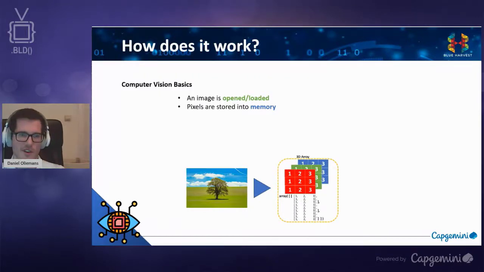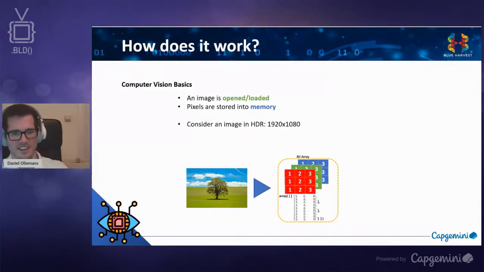So we may have, in this case, a very small 3x3 image, where every pixel index in that array has a red, green, and blue value. If we consider an image in high resolution, it means that this image is, for example, 1920 by 1080 pixels.